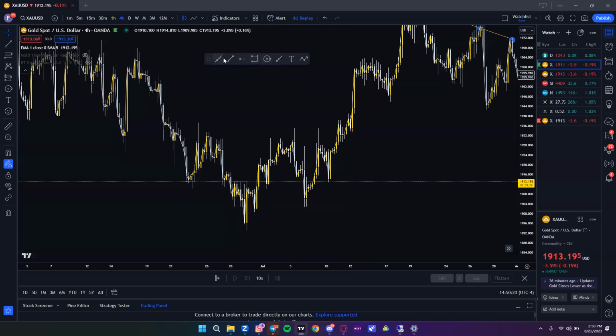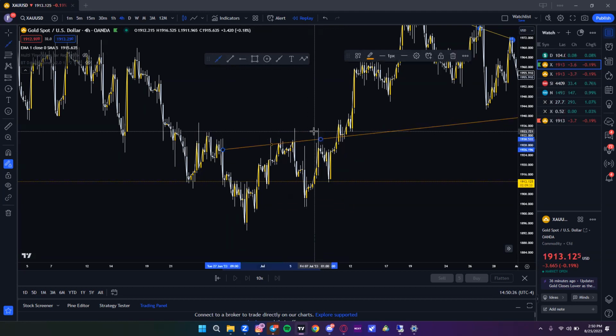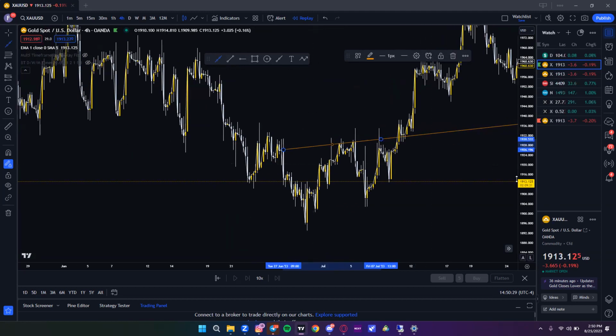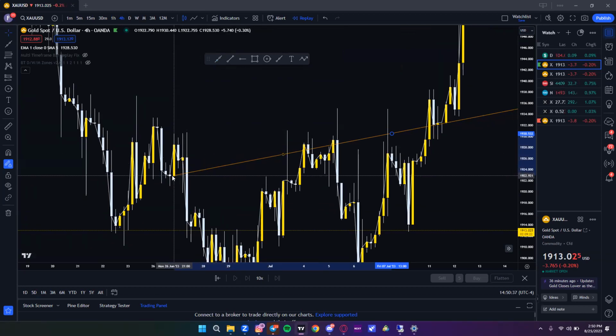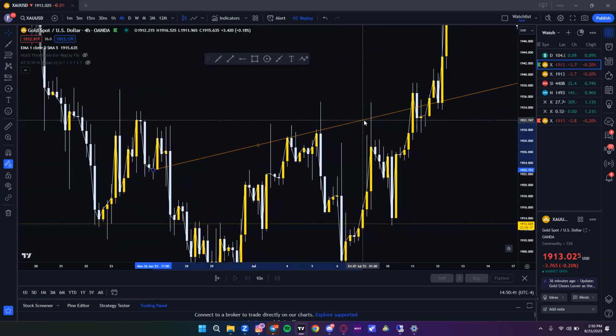So something like this is completely valid, right? Let me see if I can use this one. It looks better. I think I can get a sharper entry with this one.